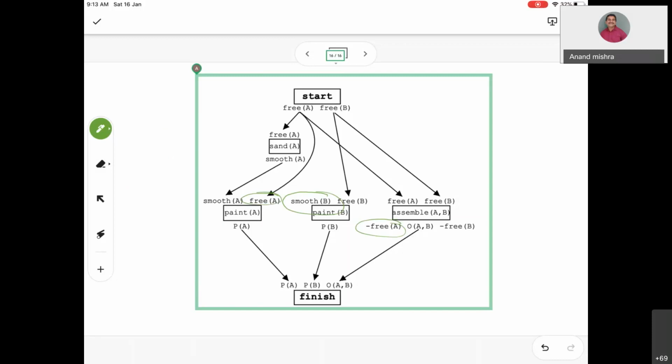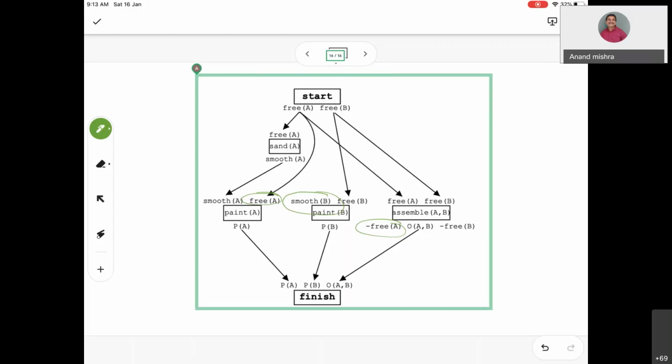So there is some ordering constraint created. The effect of assemble is not free, and the precondition of paint is free. So you need to have some ordering constraint between assemble and paint. It's not like you first choose assemble and then do paint. That's not possible, so you need to have that ordering constraint here.